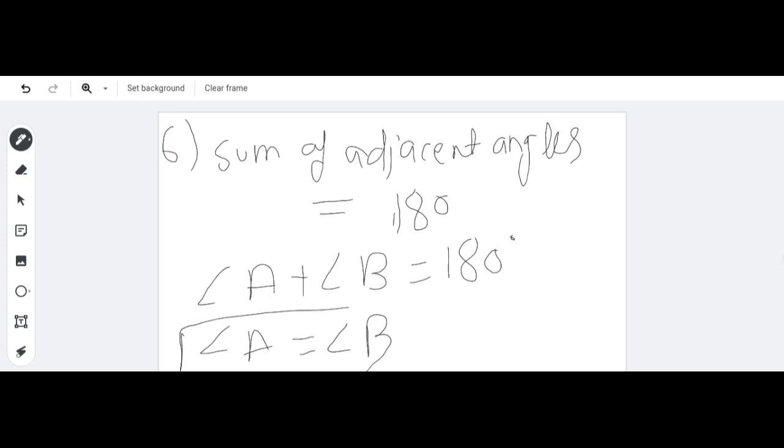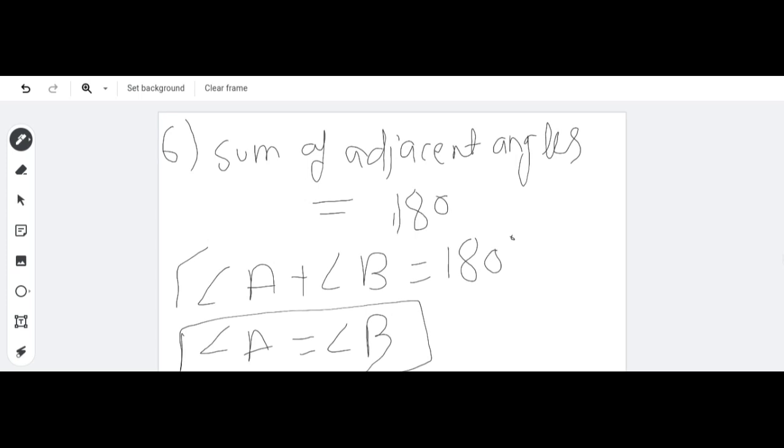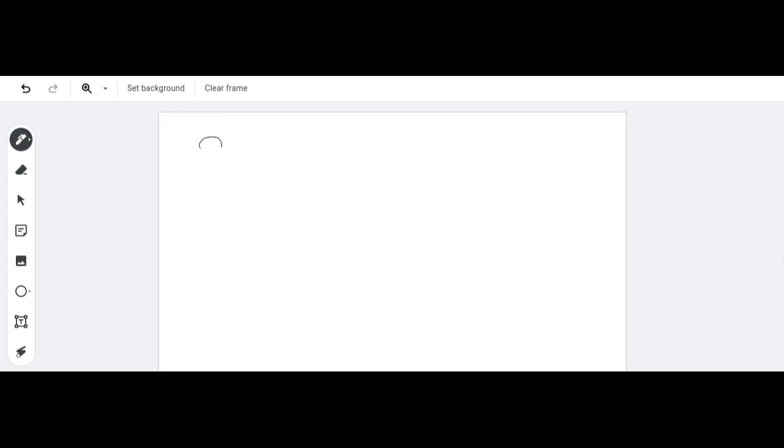Because these are equal with each other, they are adjacent angles. So I can write here, how many angles are there? 2, 3 or 4? 2. Yes. So I write here there are two angles. The sum of the measure of two angles is 180.